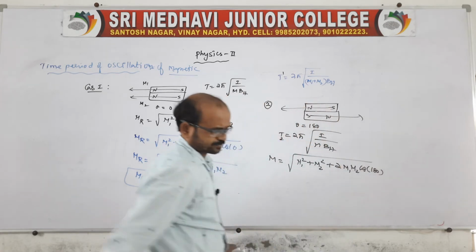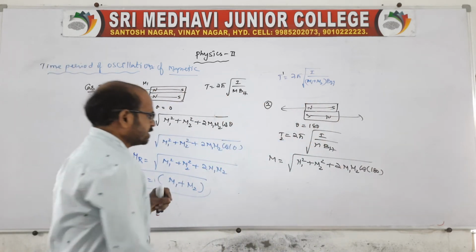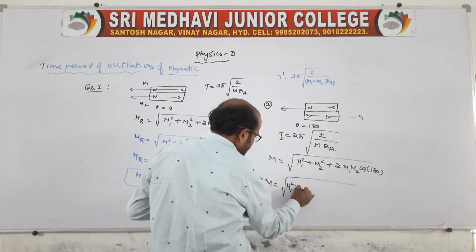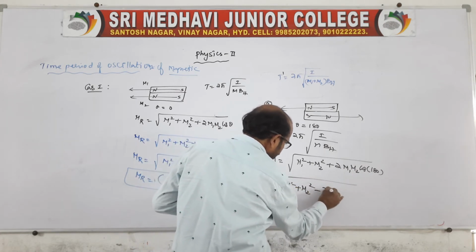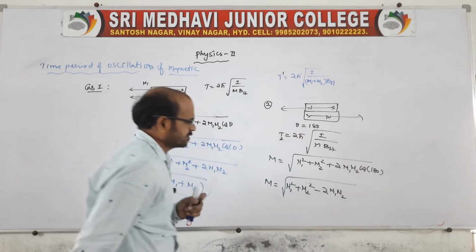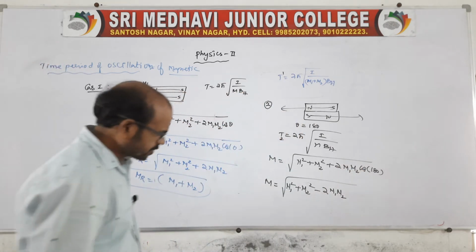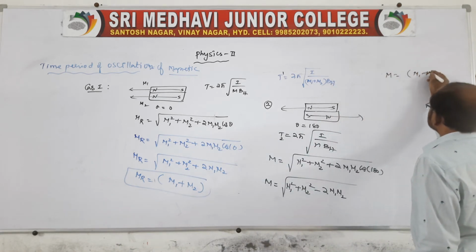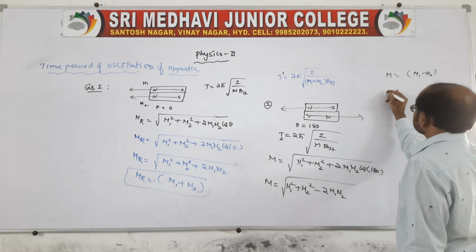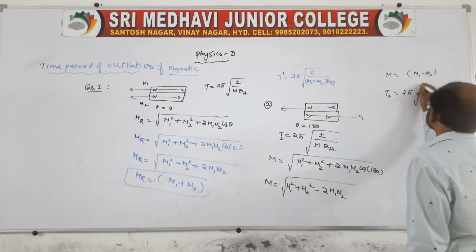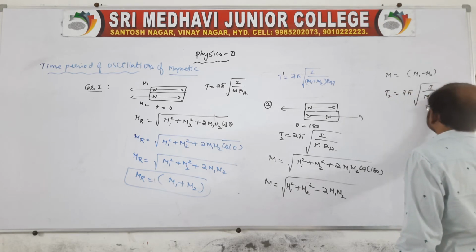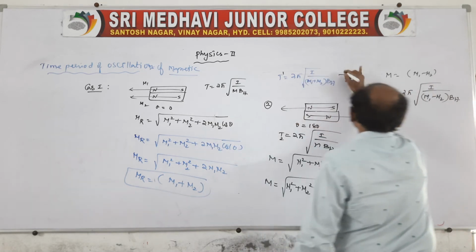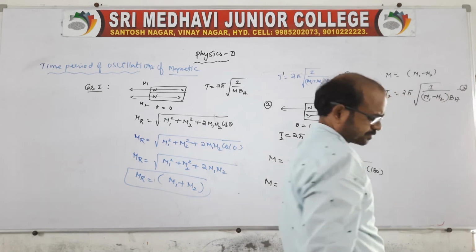Then capital M is √(M1² + M2² − 2M1M2), because cos 180 is minus 1, no? Therefore M is M1 − M2. Then the time period T2 is 2π√(I/((M1 − M2)·BH)). Now say this is equation 1 and this is equation 2.